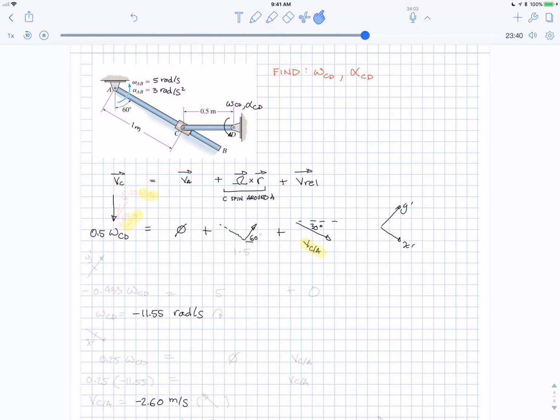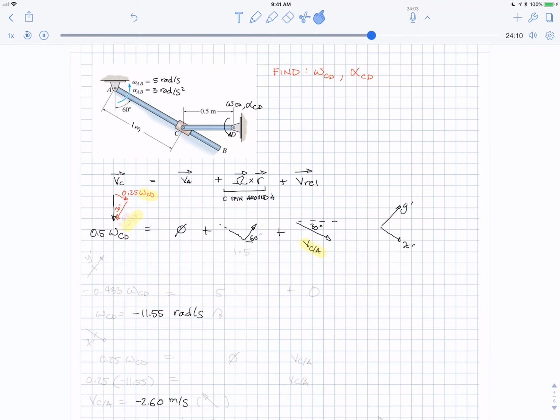And so we have to break down V sub C into its components going that way and this way. Okay, and so let's see, that will be 0.5 times sine 30 degrees, so that will be 0.25 omega CD. And let me get the cosine of 30 times 0.5.